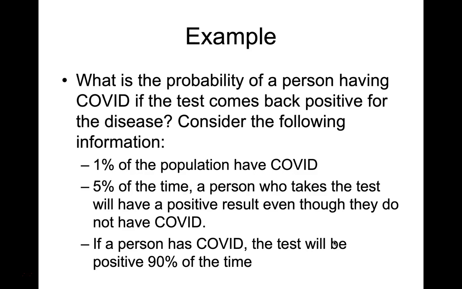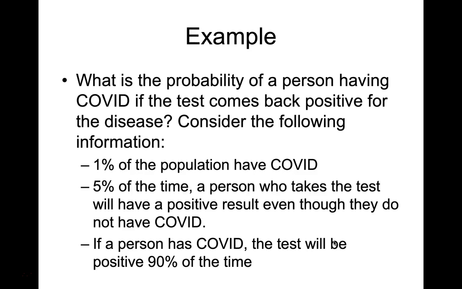Also consider that if a person has COVID-19, the test will be positive 90% of the time. That's something else you may not have considered. Tests for COVID-19 are not perfect in that they can also give false negatives. Sometimes a person has COVID-19 and takes a test, but the test will not pick up on the chemicals in their body that show that they have COVID-19, and the test will show that they do not.